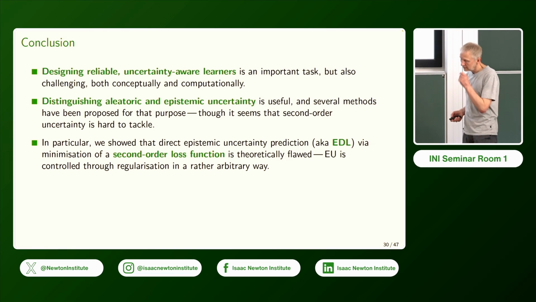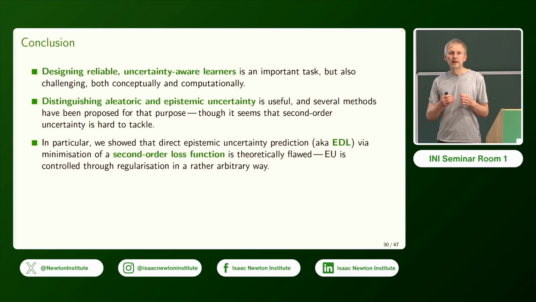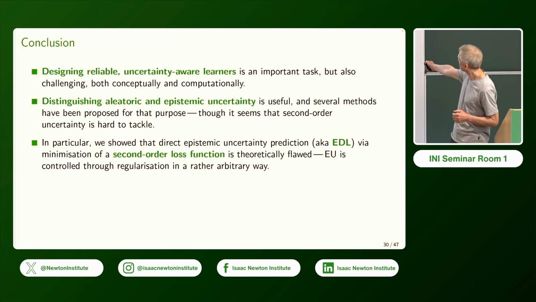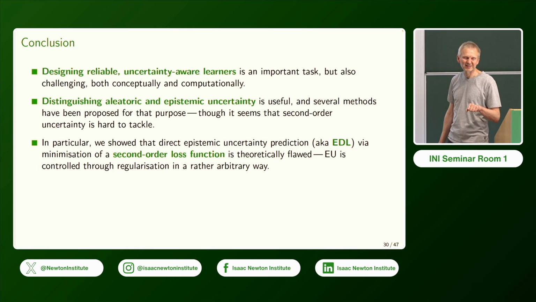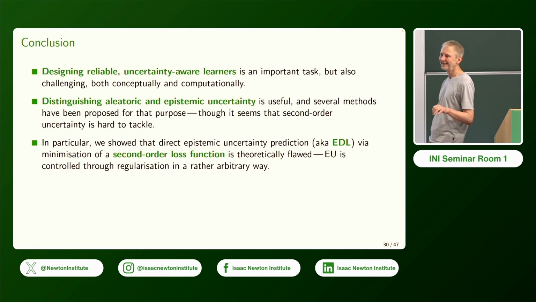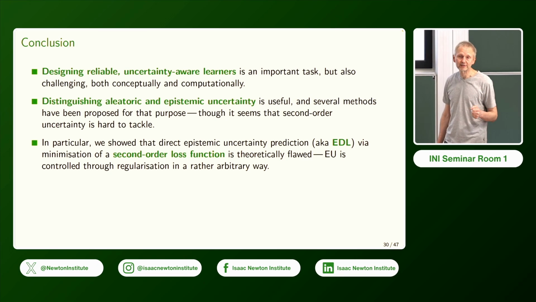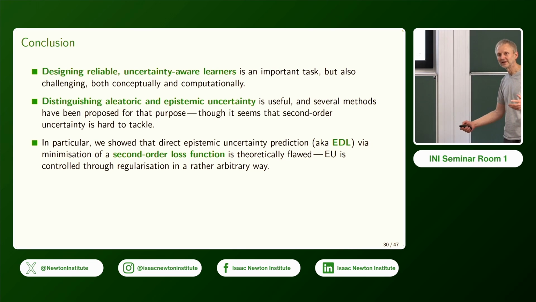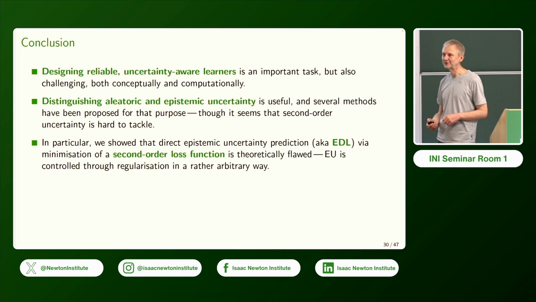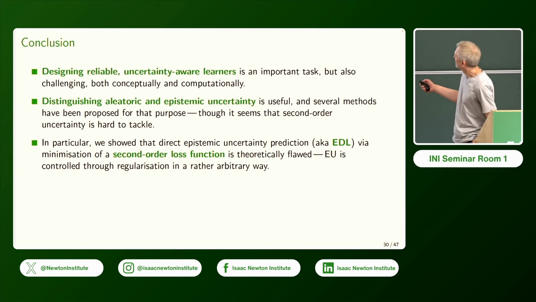In particular, I focused today on this idea of second-order loss minimization, which, as I said, in the literature is known under the notion of evidential deep learning, which, by the way, is also somehow a misnomer, because it's not really evidential in the sense of the Dempster-Shafer theory of evidence. There are a couple of people who are quite upset about this name. But now it's too late; when such a name has been given, it's hard to change.